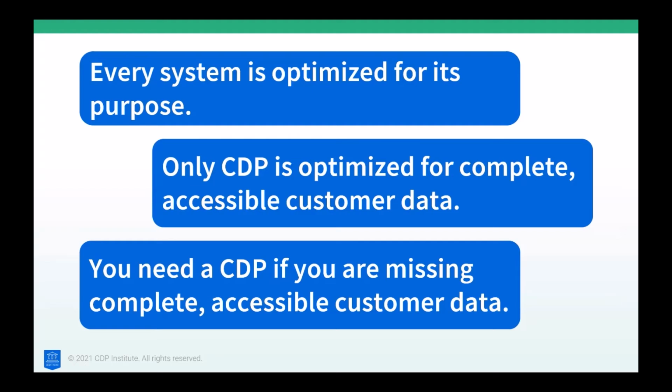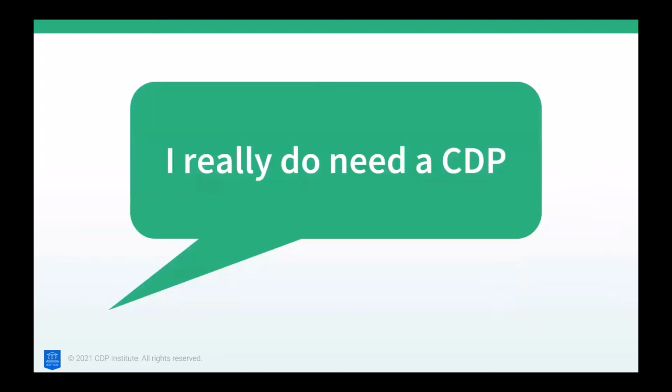It's the only system that's optimized for that particular task. So you need a CDP if you are missing complete accessible customer data. If there are things you want to do, gaps you need to fill, that you can't fill because you don't have complete accessible customer data, if you have all those problems that we talked about in that earlier slide, you need a CDP.